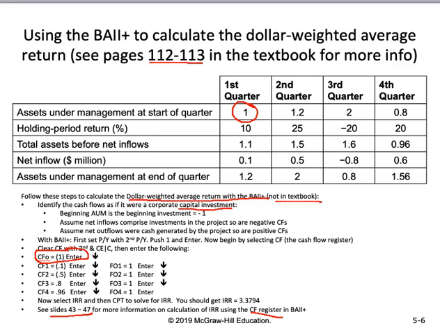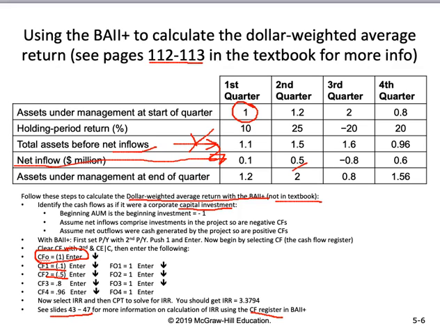And then we assume that net inflows, this is money that's coming into this mutual fund, that year were 0.1 million. So that was an inflow into the project, an investment into that fund. So that's a negative. Cash flow 1 is a negative 0.1. Cash flow 2 is a negative 0.5, as you can see here.